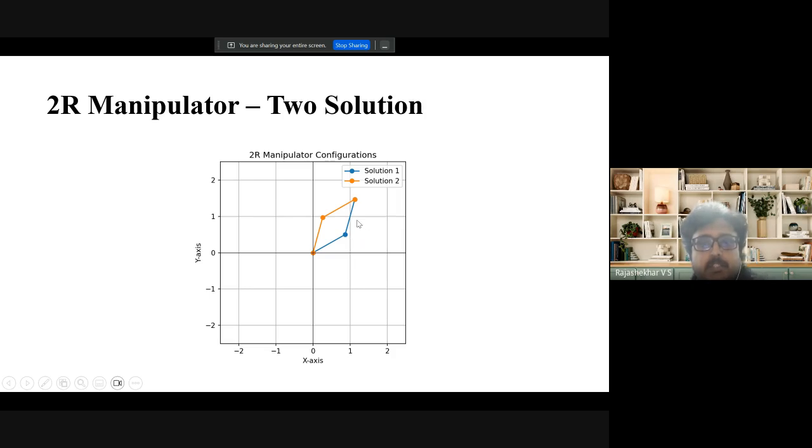This point can be reached through two ways: using solution one, which is in blue color, or solution two, which is in orange color. Which solution to pick up, that confusion arises, and at the end we will choose only one solution. Can you tell me a scenario where you can choose only one solution out of these two?